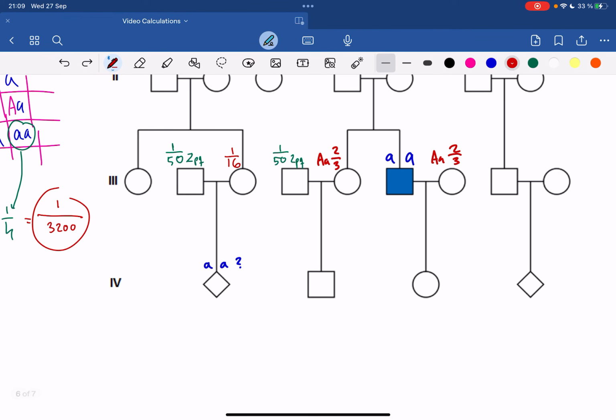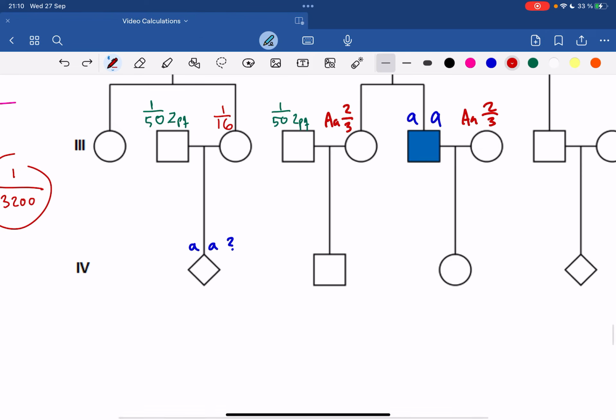All right, so now we calculate, and I'm just checking that I'm doing this correctly as well. Yeah, now we calculate the probability for this kid to be affected. This kid is already born, so they're talking about a new child. They're not talking about this child. How do we know? Because this child is already born. We already know they are a square. They're an unaffected boy, so they're a square.